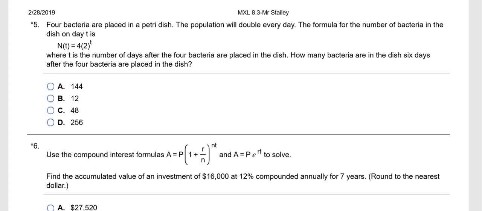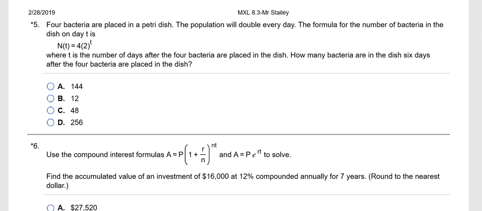The formula for the number of bacteria in the dish on day T is given to you. Right there it is. T is the number of days after the 4 bacteria are placed in the dish. Before that they were at a party, but now they're in the dish. How many bacteria are in the dish 6 days after the 4 bacteria are placed in the dish?